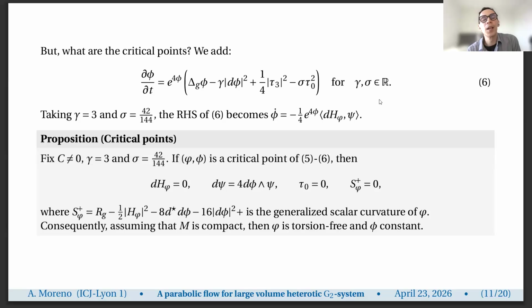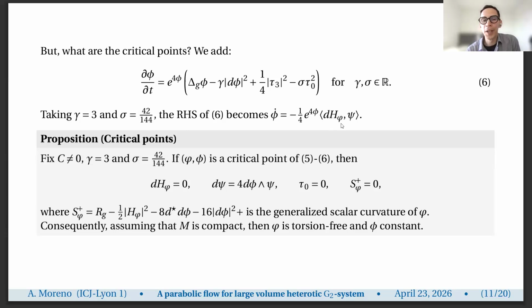For instance, if you fix lambda, gamma and sigma by these quite weird constants, the right-hand side of the dilaton flow becomes exactly the one component of dh phi.